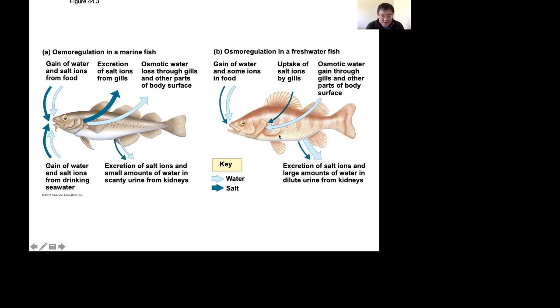Finally, the freshwater fish's kidney will absorb more salt into their blood and expel more water into urine. So that's why freshwater fish pee a lot and pee diluted urine.